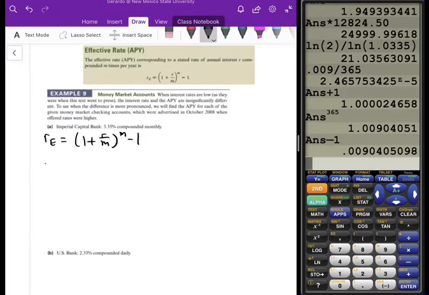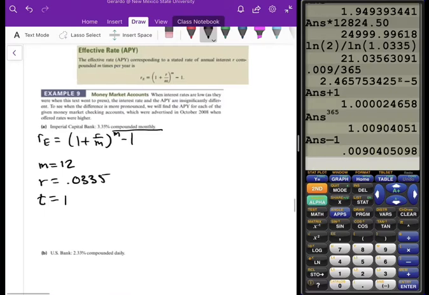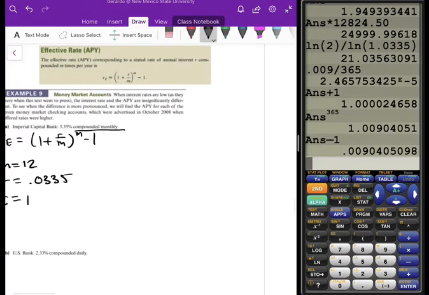It says this is compounded monthly, so M is 12. Our rate is 0.0335, and time is 1, which we don't need, but that's fine. So let's put this into the calculator. RE is equal to 1 plus 0.0335 over 12, to the 12, minus 1.